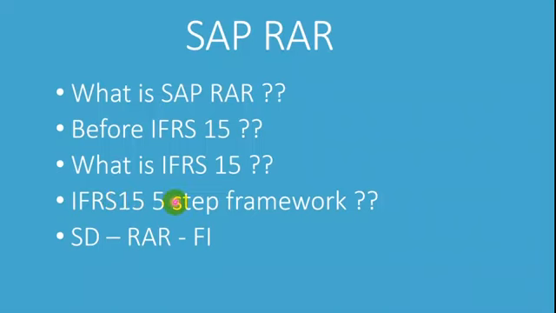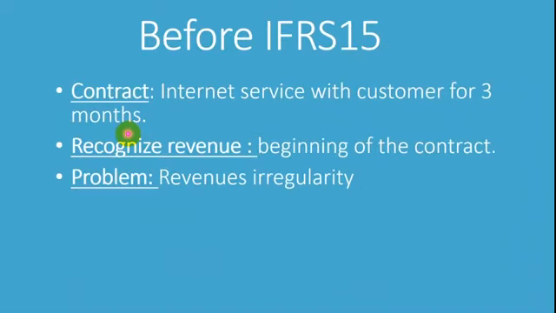Now, if it is a replica or equivalent of IFRS 15, what was the problem before IFRS 15? If we know the problem before IFRS 15, then we'll get to know what is IFRS 15. Okay, let's see. Before IFRS 15, what was happening?